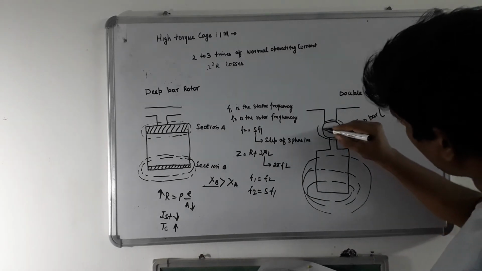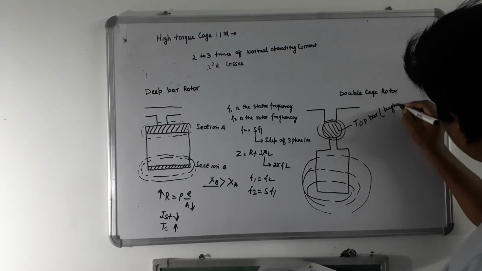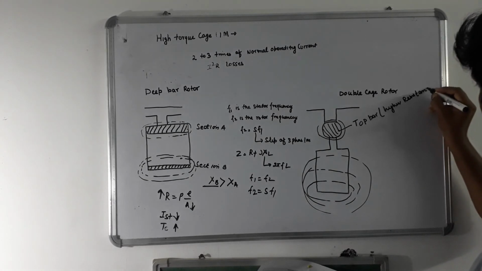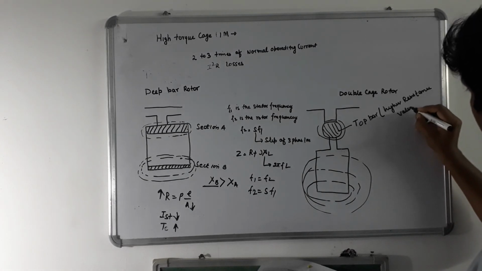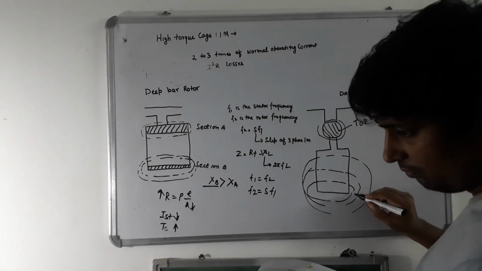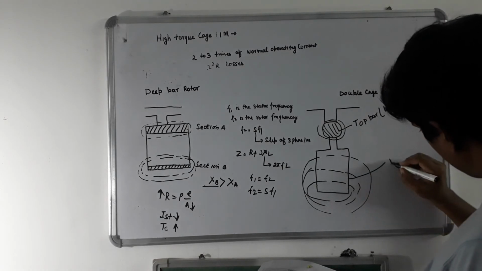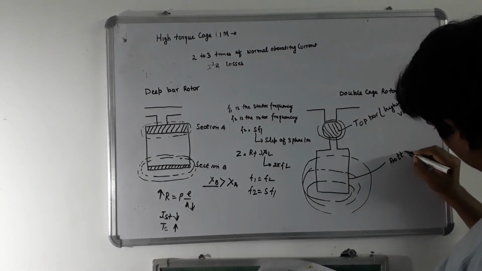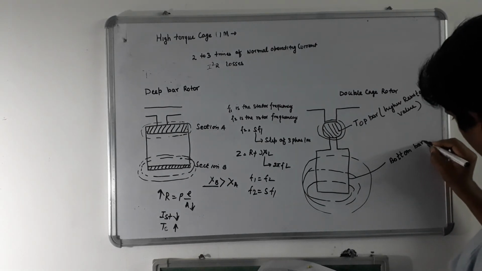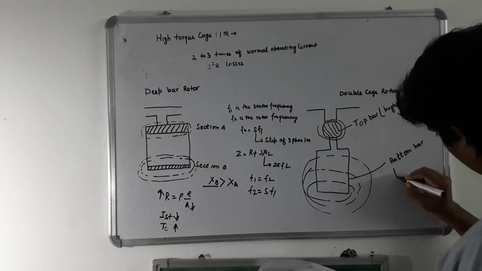The top bar has a high resistance value. The bottom bar has low resistance.